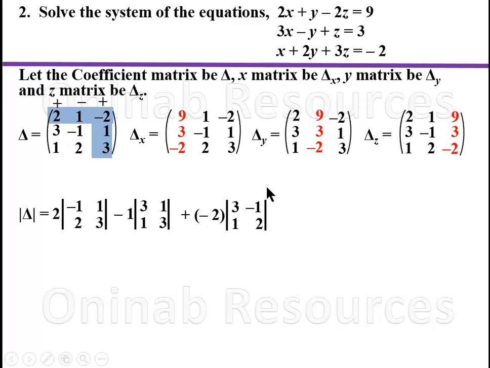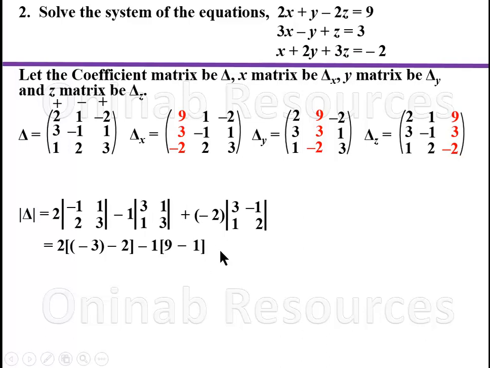So here we go ahead to evaluate this determinant. So we have 2 outside. Negative 1 times 3 gives negative 3, minus 2 times 1 gives 2. So we have a negative 1 here. 3 times 3 gives 9, minus 1 times 1 gives 1.